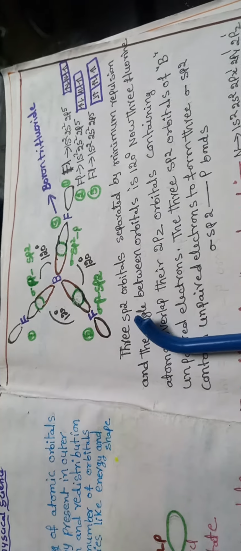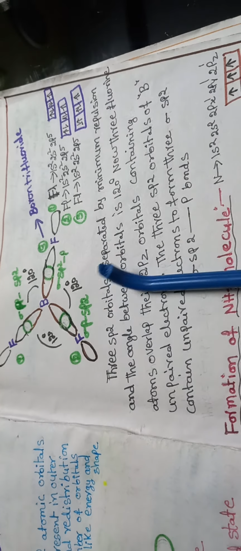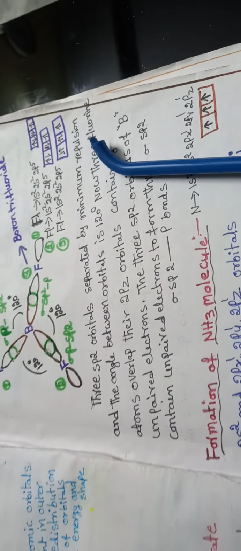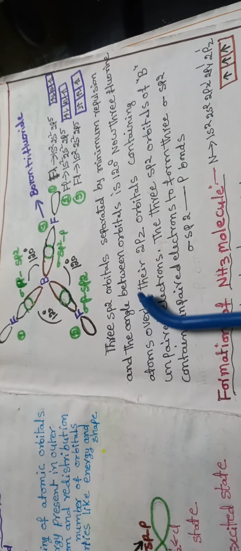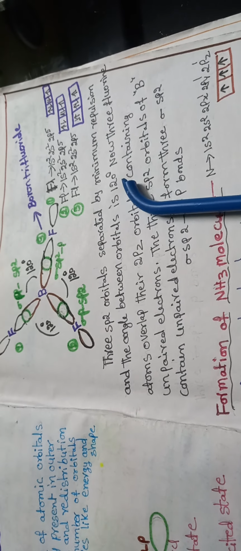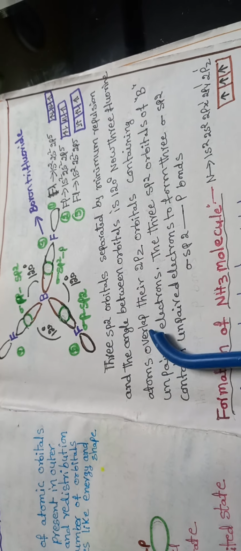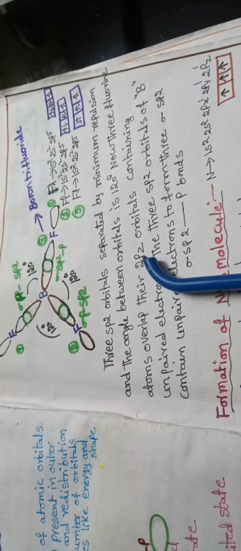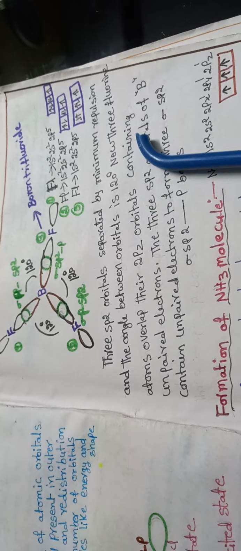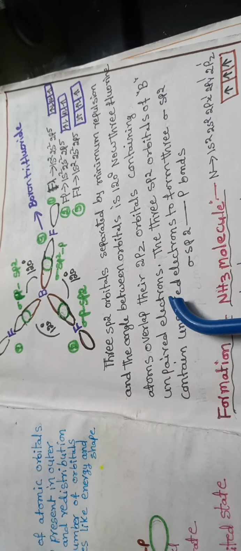These 3 sp2 orbitals are separated by minimum repulsion, and the angle between the orbitals is 120 degrees. Now 3 fluorine atoms overlap their 2pz orbitals containing unpaired electrons.